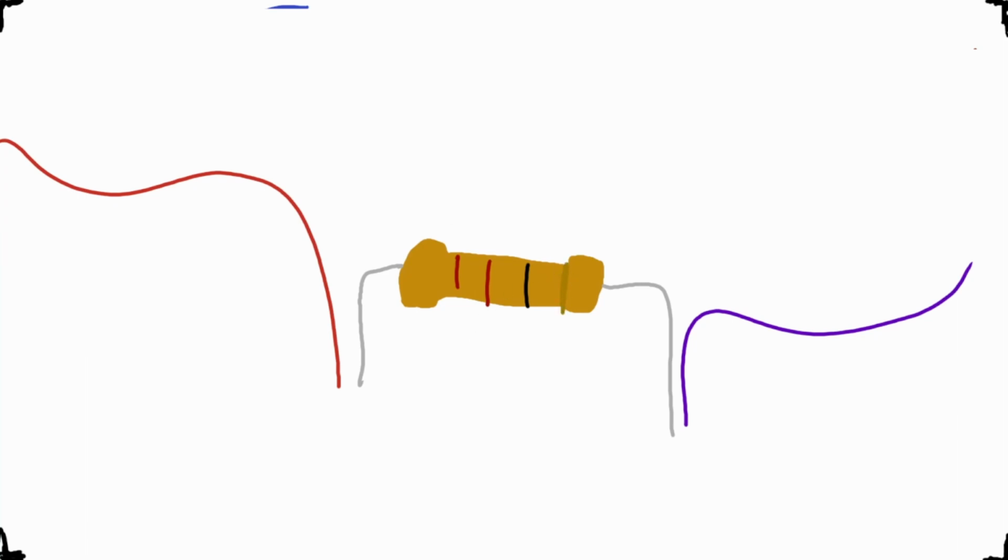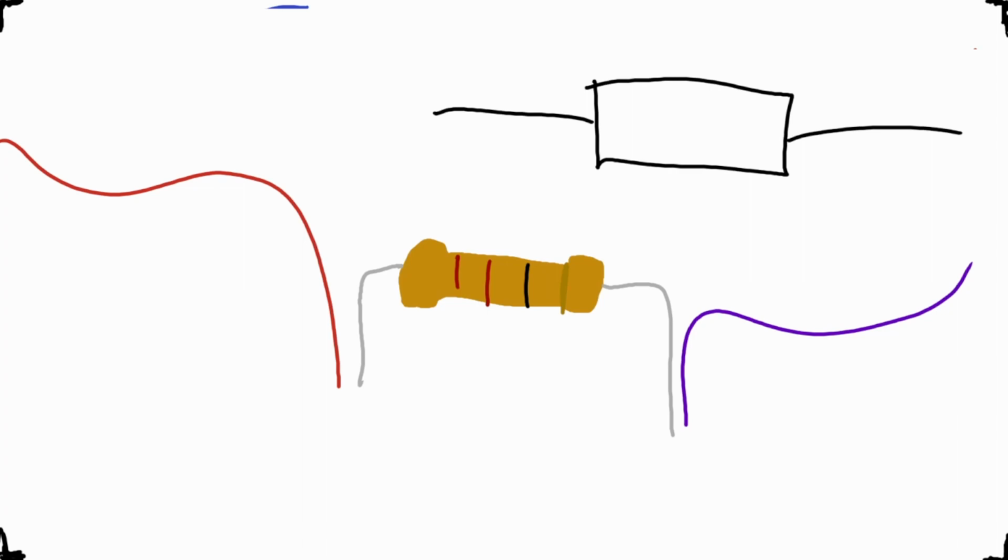If you have your multimeter, red was not a good color because there's also a red wire. If you have your multimeter and you're measuring the voltage, the circuit diagram of what this picture would look like would literally just be a resistor like this. If you're measuring voltage, the voltmeter goes across the component, which means you get your two legs of your multimeter.